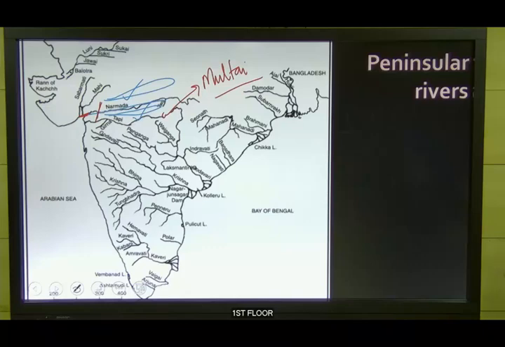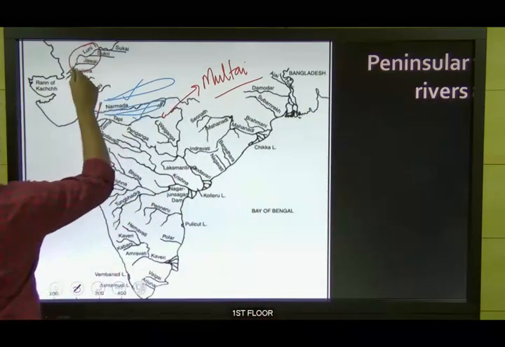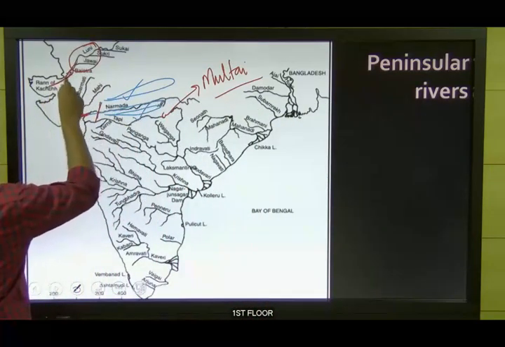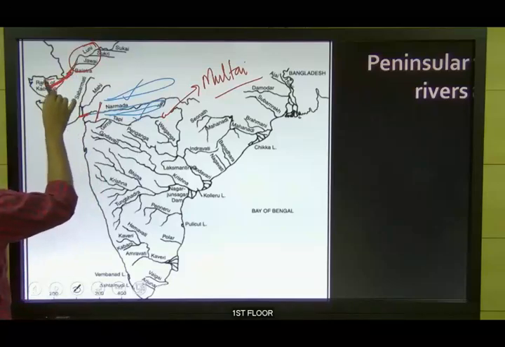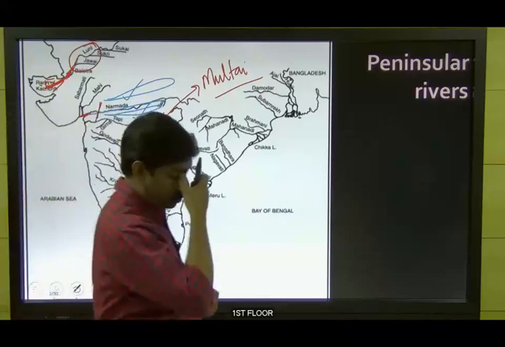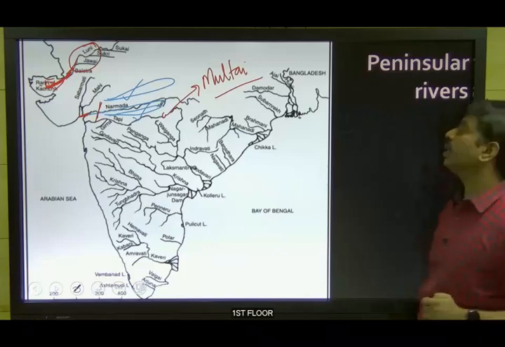Okay, and another important river is Luni, which disappears into the Rann of Kutch. Okay, it flows into the Rann of Kutch and suddenly disappears. Disappears means it mixes with the marshy region. The river is no more specifically visible. It originates near Pushkar, the place where the Luni river originates.